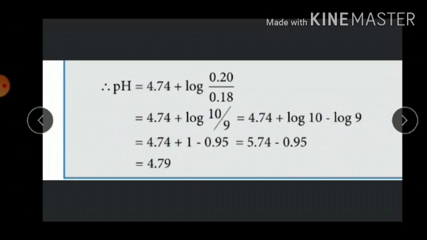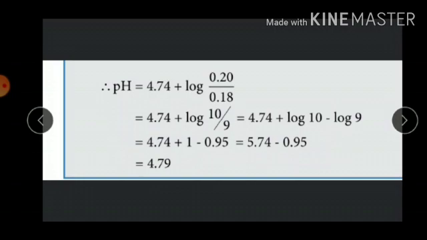The log 10 value is equal to 1, and the log 9 value is equal to 0.95. So 4.74 plus 1 is 5.74, minus 0.95, we get 4.79. So the pH value is equal to 4.79.